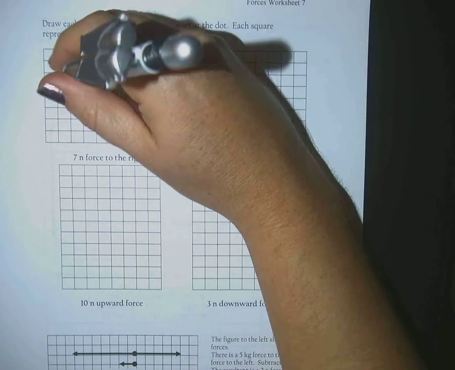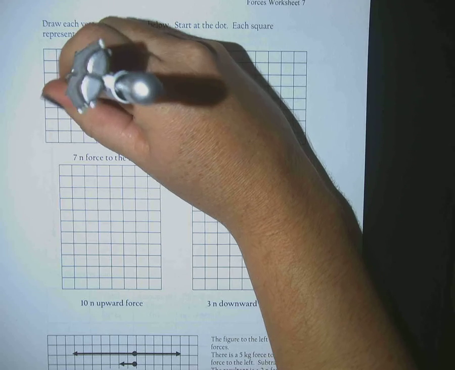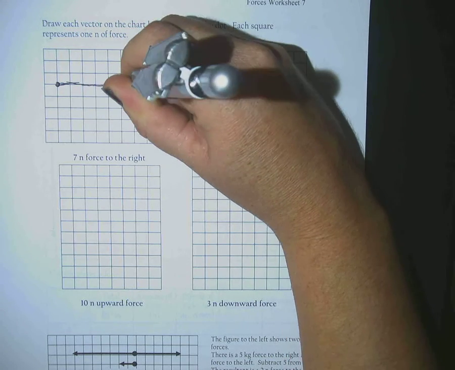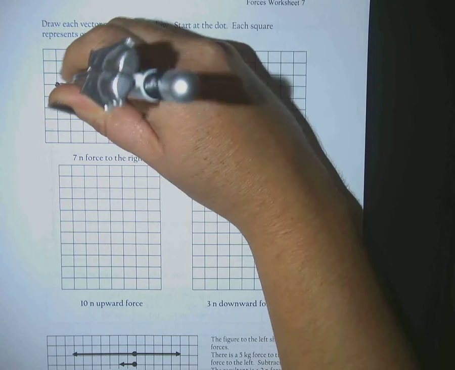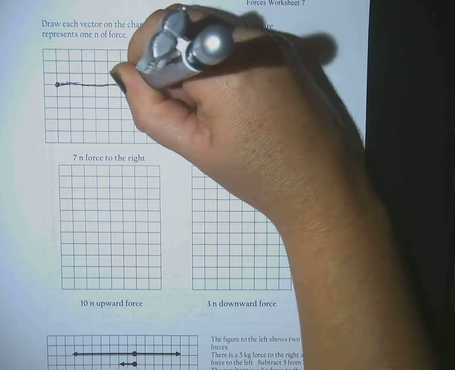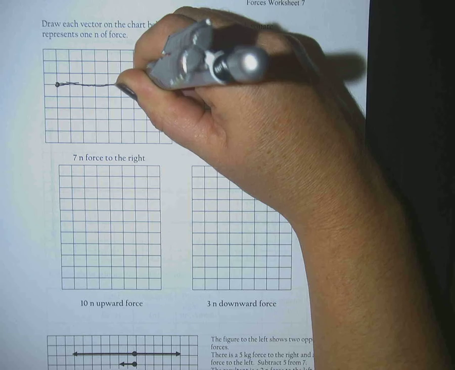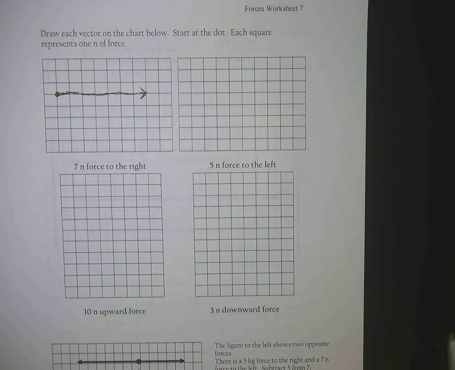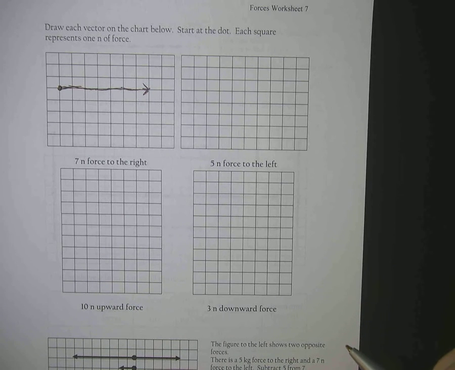So I have to go to the right 7. 1, 2, 3, 4, 5, 6, 7. And then what do I still need? My arrow. And I just scribble it so that I can see it better. The next one is 5 newtons to the left.